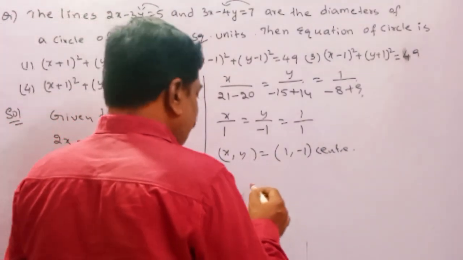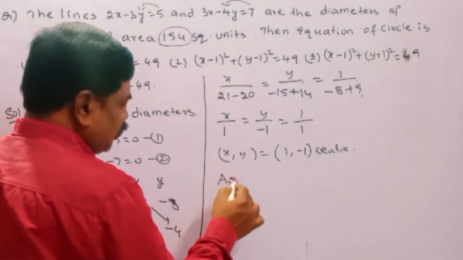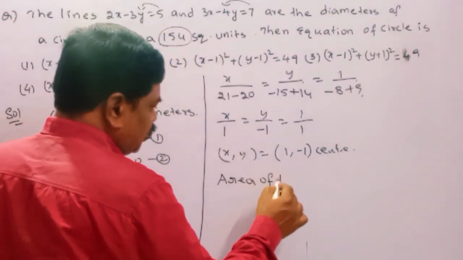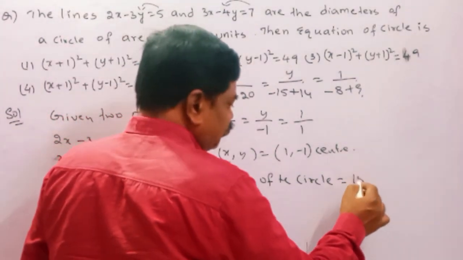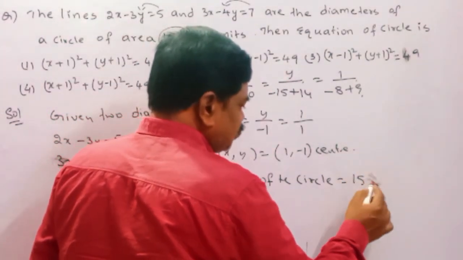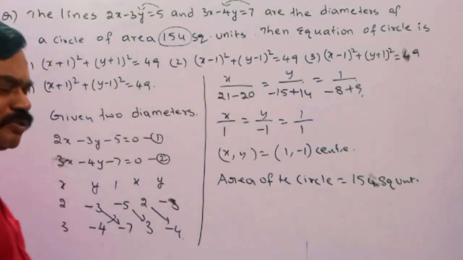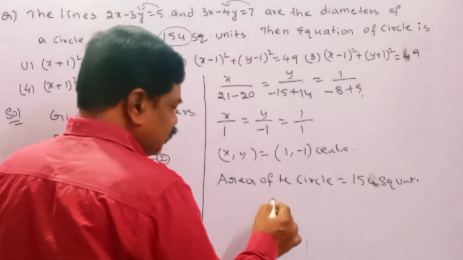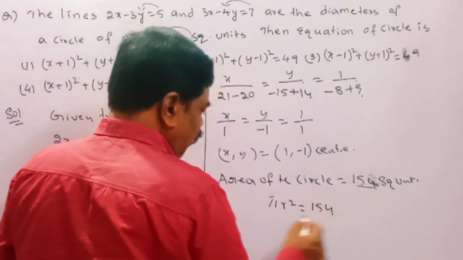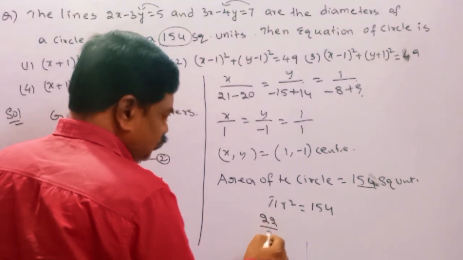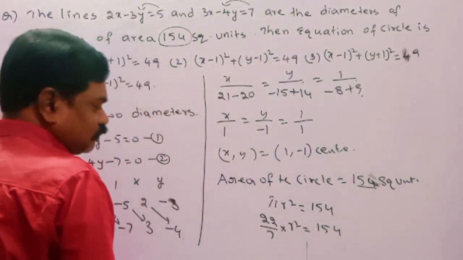And one more, the area of the circle is given, that is 154 square units. What is the area of the circle? Pi r square equals 154, and pi is 22 by 7, so 22 by 7 into r square is equal to 154.